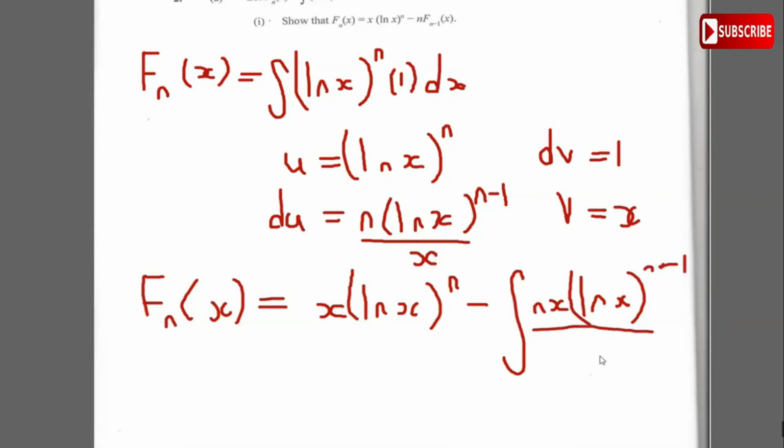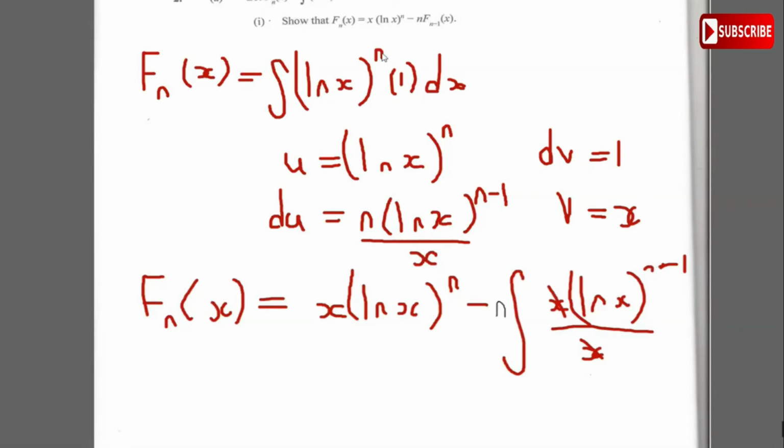As you can see, the x's cancel, and you can factor out the n. Let's put the n out here, and what you're left with is the integral of (ln x)^(n-1).